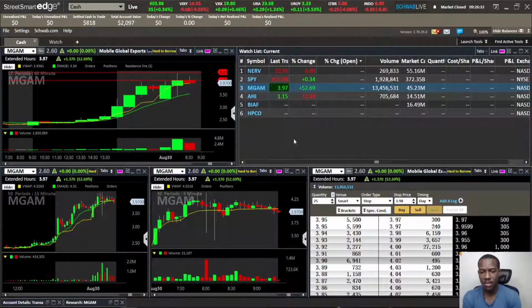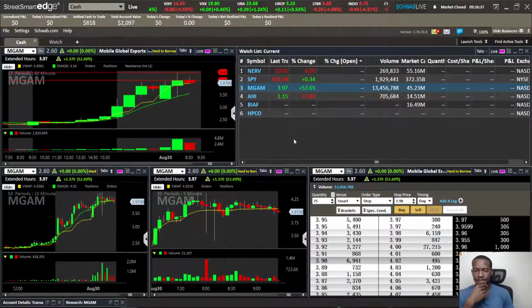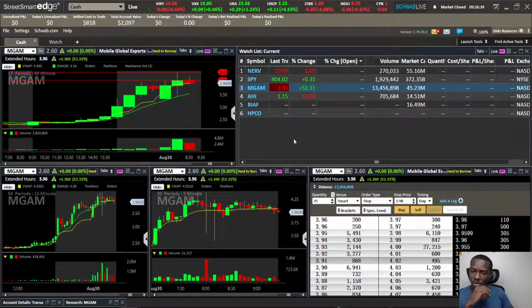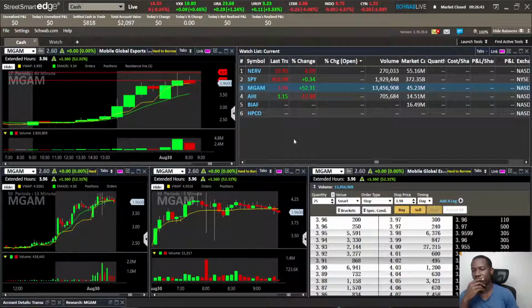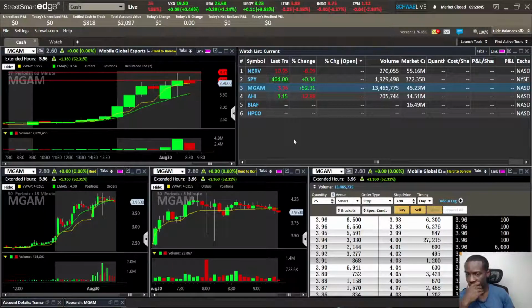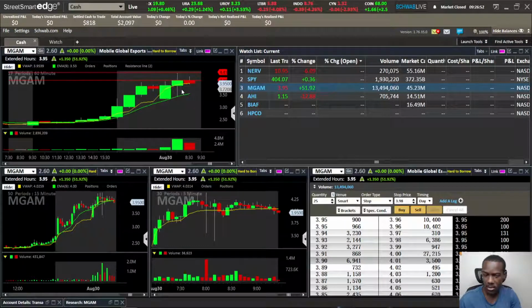Four minutes to the bell. We're probably gonna see MGAM do something crazy this morning. No reason, but hey, craziness happens. We have already identified on the hour chart a nice short resistance level up there at the 425s.